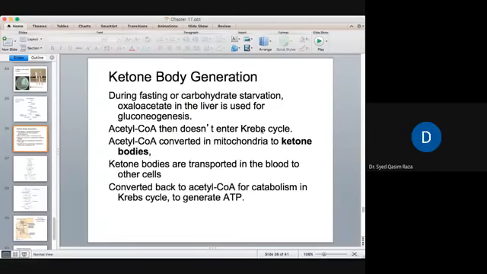Acetyl CoA will be converted in the mitochondria to ketone bodies, and ketone bodies are transported in the blood to the other cells, and after that they are converted back to acetyl CoA for metabolism in the Krebs cycle to generate ATPs.